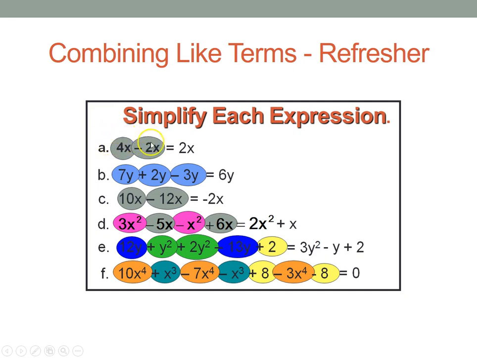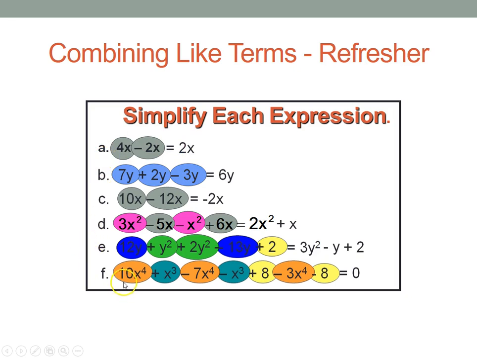So rather than looking at two different terms, we can combine them because they both have an x variable here, so they're part of the same x family. Then we can do 4, our coefficients are 4, and then minus 2. We could change subtraction to addition and change this 2 to its opposite. So it would be 4 plus negative 2, which would get us 2x. 2x right there. So we can combine like terms.